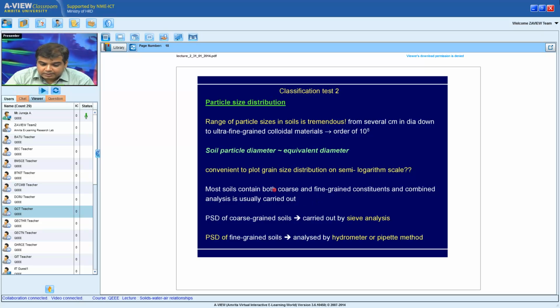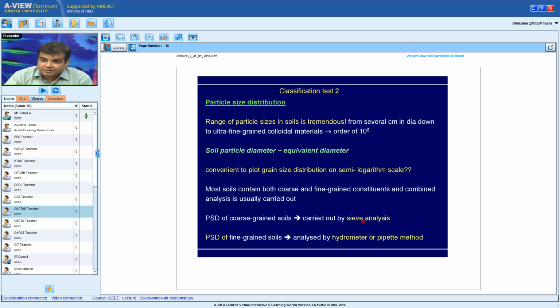In this plot we look at both coarse grain and fine grain. The entire range of soil particles is usually plotted in this distribution. The two methods of grain size analysis will be better covered if you do some simple experiments to determine the particle size distribution, that's PSD, of coarse grain. It's usually done by sieve analysis.